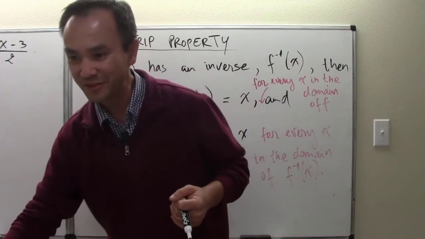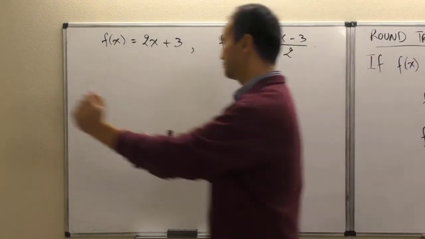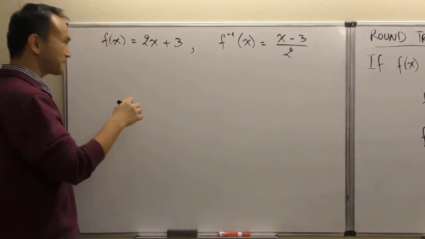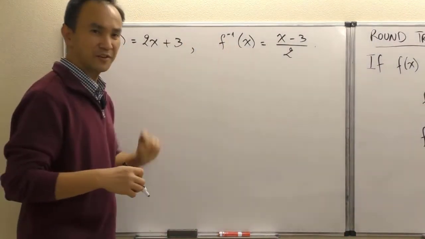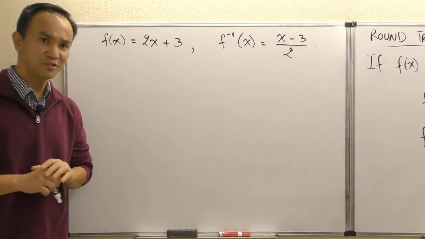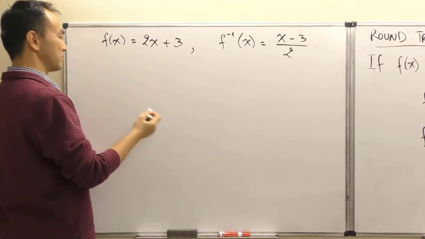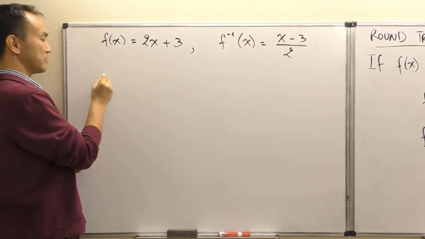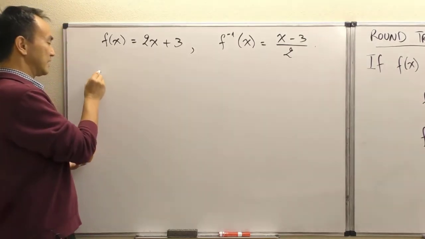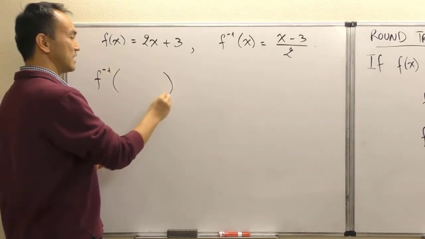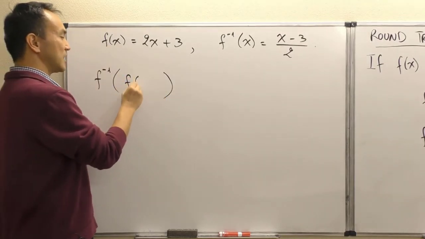All right, so now back on this right board of mine. F is here, f inverse is here. Just for you to understand how this property works, this is what I'm going to do right here. I am going to create that composition of the two functions. I'm going to put f inverse outside, and now I'm going to put f of x inside.